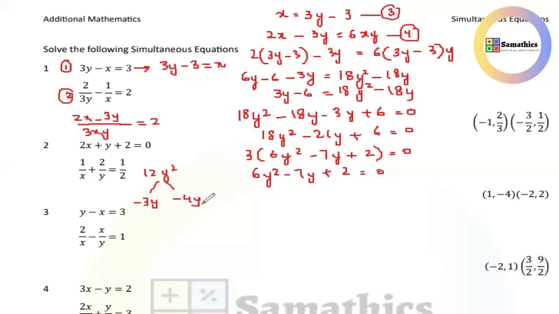When you add these two, you will get minus 7y, and when you multiply these two, you will get 12y squared. So 6y squared minus 3y minus 4y plus 2 is equal to 0. Then we have 3 common, 3 2s are 6, 2y minus 3y is to be taken as common.